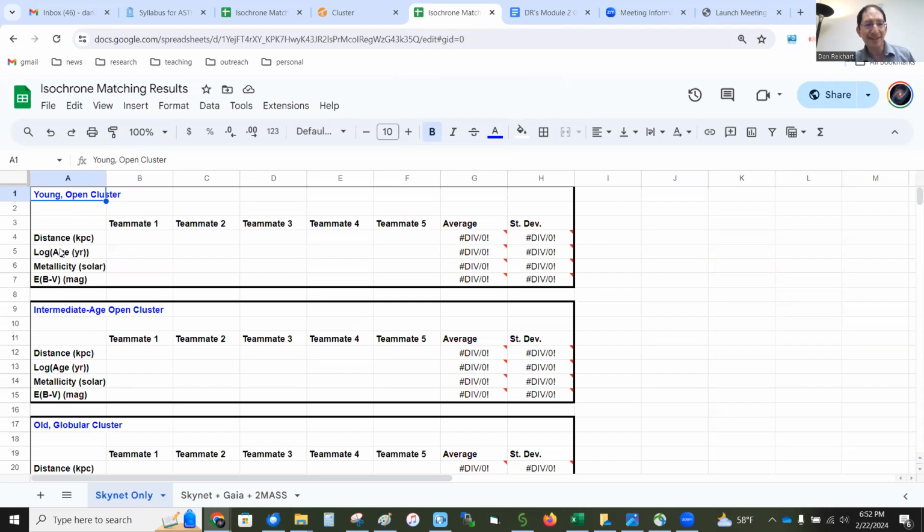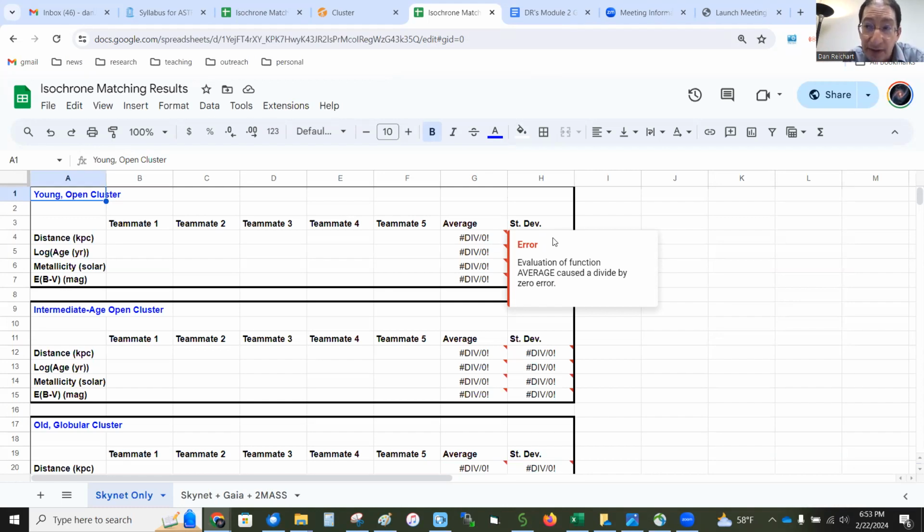And you're measuring distance, log of the age, metallicity, and the reddening. And here it's for different teammates. Each teammate should measure every cluster and put your best measurement there, and we'll have a group average and group standard deviation. And you're welcome to work together and help each other. That's okay. But this will give you an idea of how accurate these measurements can be done.